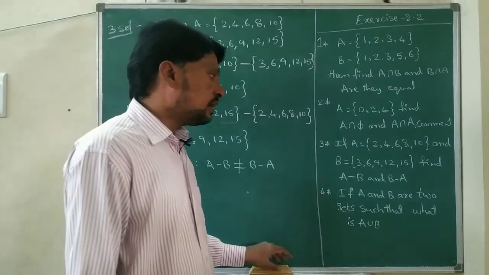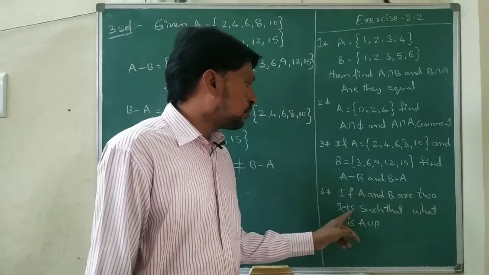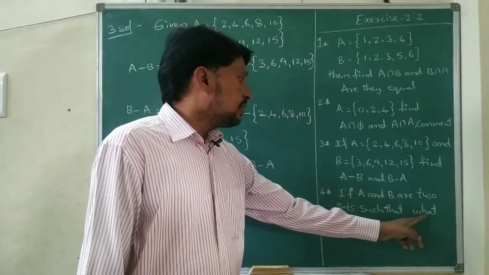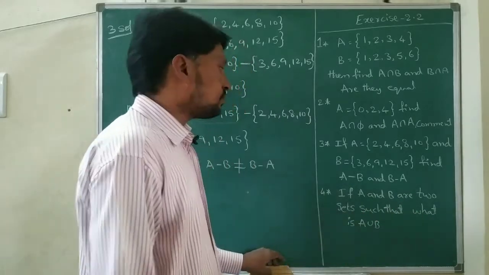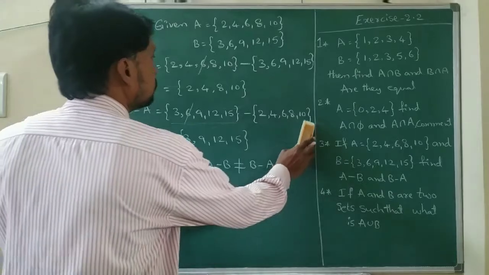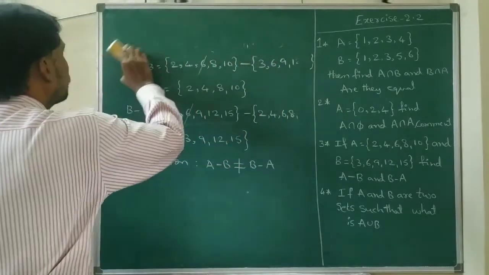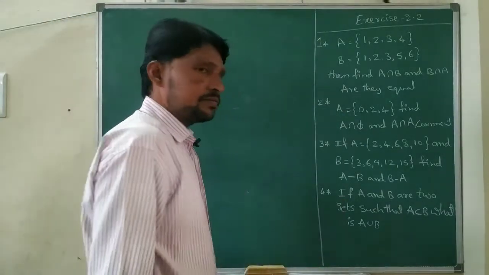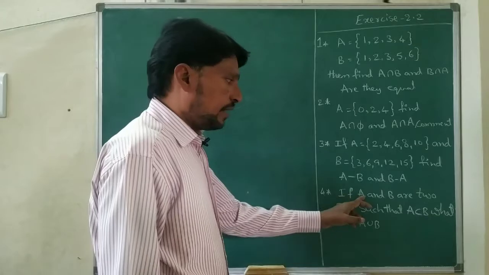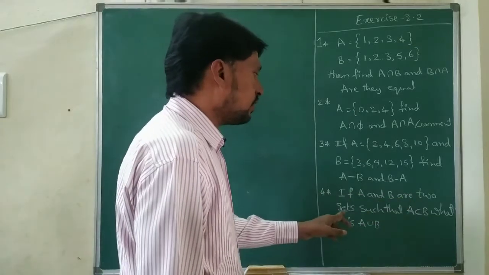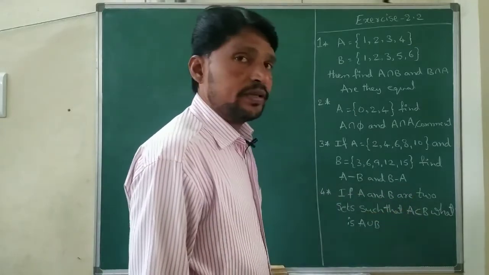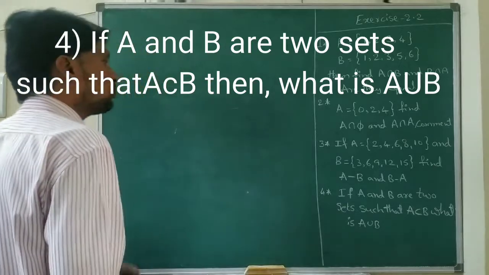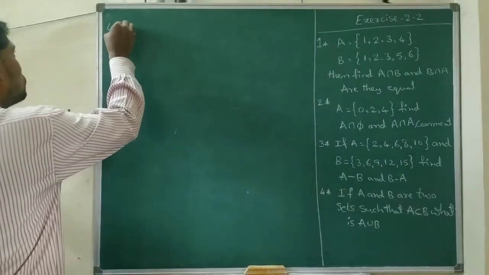Next it is the fourth one. If A and B are two sets such that A subset B, what is A union B? So fourth question. Here I am taking the fourth solution.